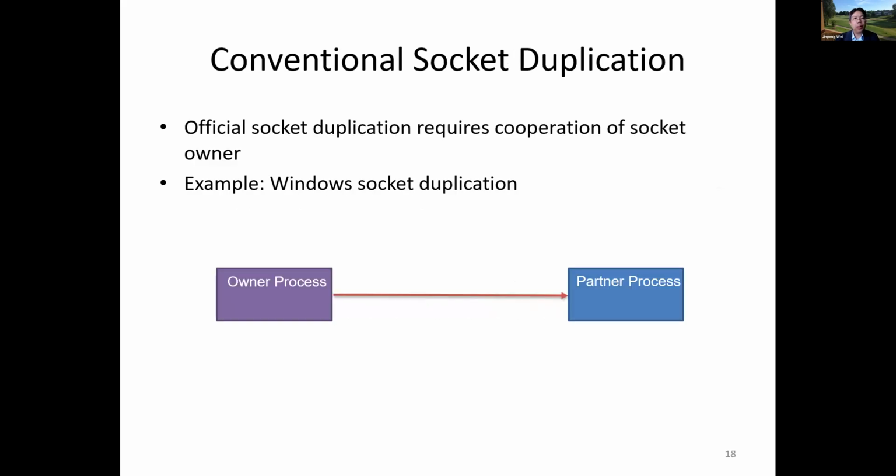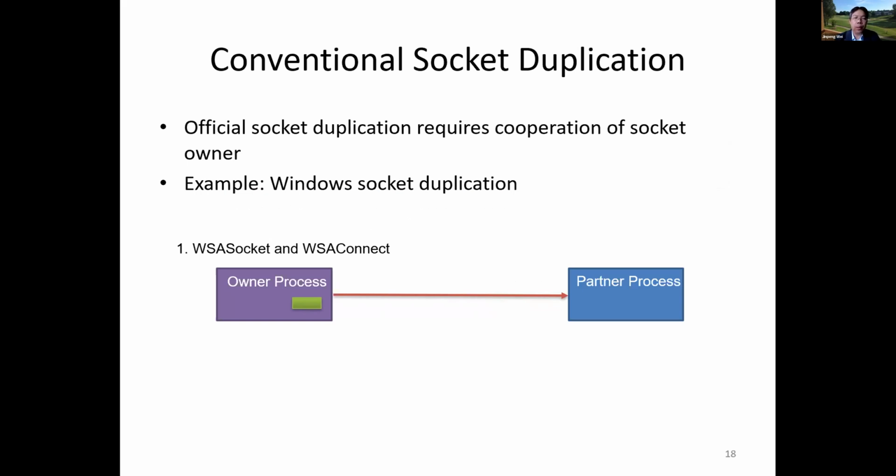So here is some information about how socket duplication works. Let's first review how socket duplication is done in a traditional way. Today's operating systems support socket duplication for a good reason. However, traditional duplication requires cooperation between the socket owner and the other process that tries to share the socket.